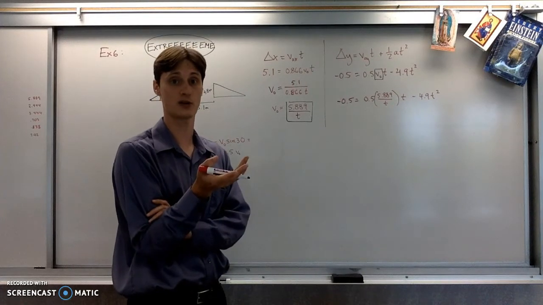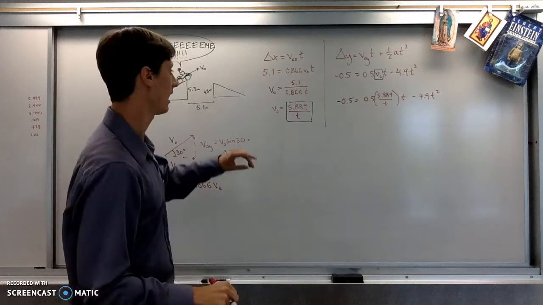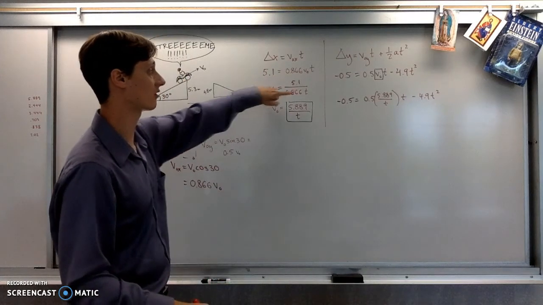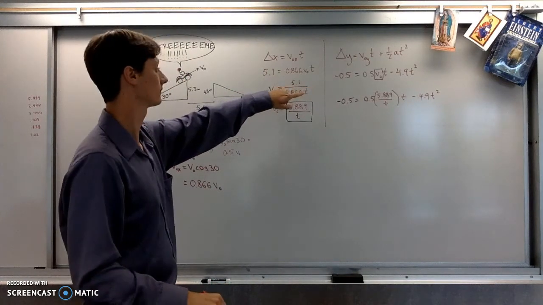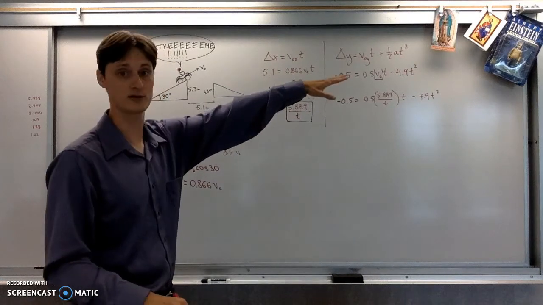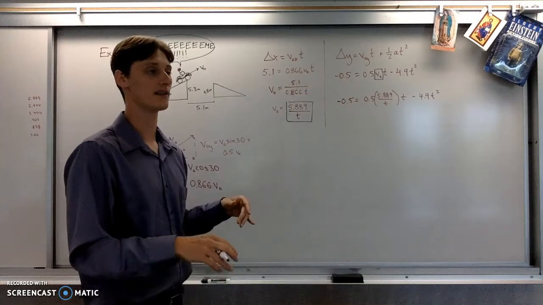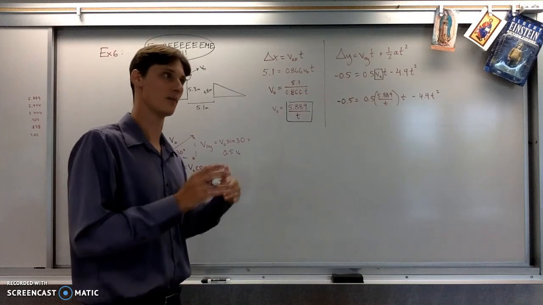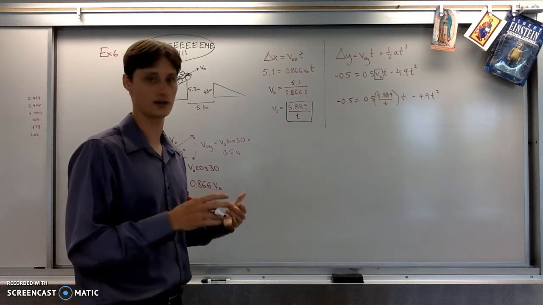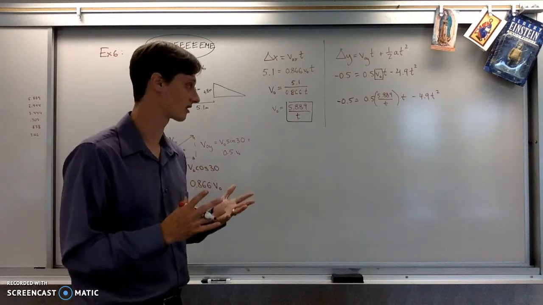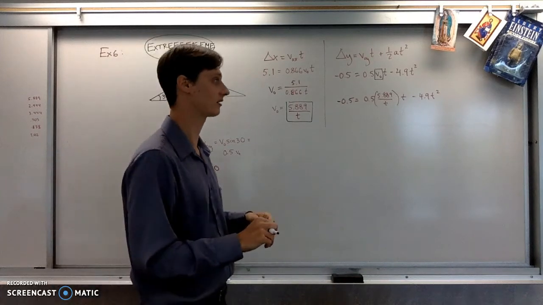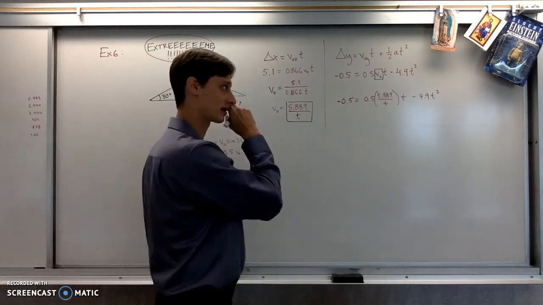There's more than one algebraic way you could do it. I could have taken this equation and solved for t, and then plugged that in for t in both of the places it is in the delta y equation. That way it actually ends up being more nasty in terms of the algebra. There's nothing wrong with it. You will get the right answer, but the algebra is a little bit simpler here.